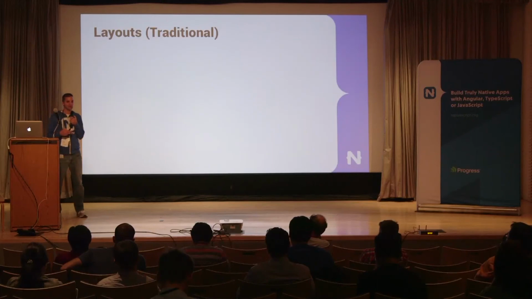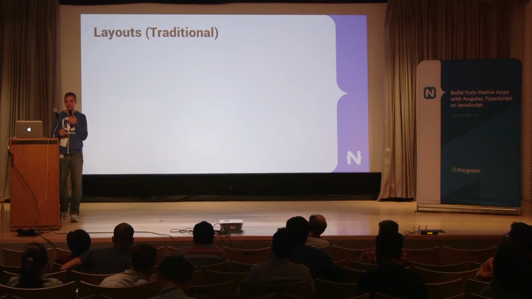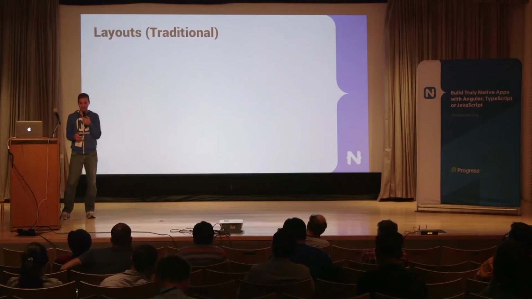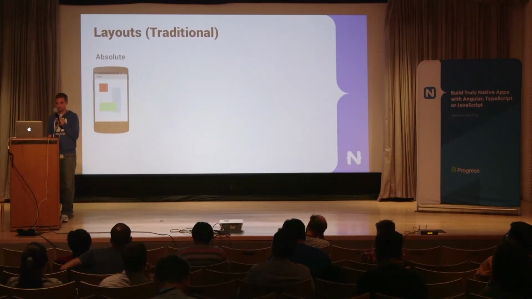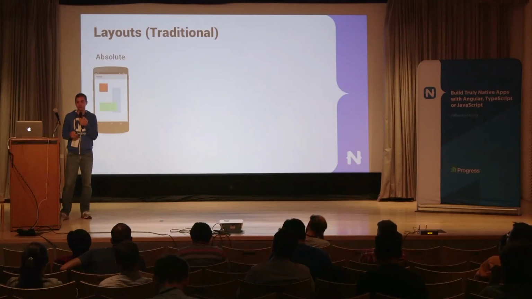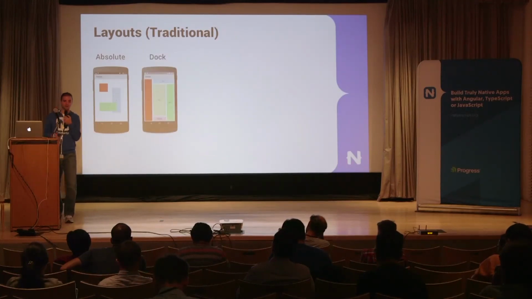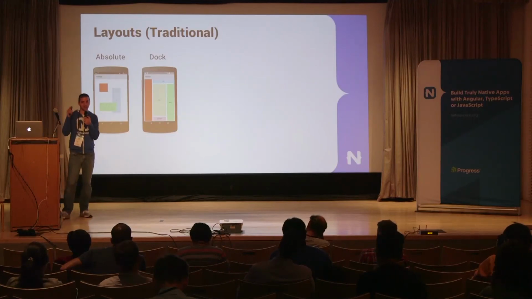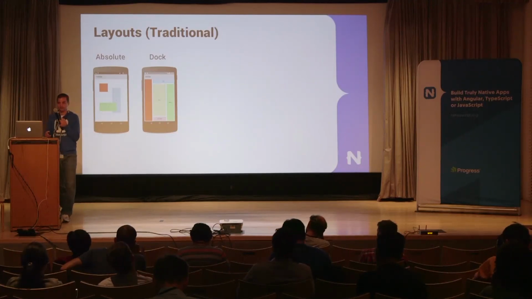Now, how do I lay out these elements? How do I organize them on the screen? That's where these layouts come in. And we have a set of what I consider traditional layouts with NativeScript. There's an absolute layout, so that means assigning XY coordinates to all of our UI elements. We have a dock, which lets us assign elements to the top, bottom, left, right, or center of our screen.